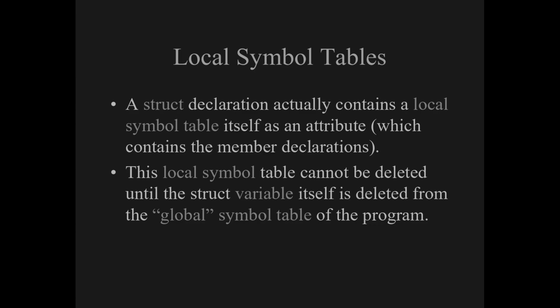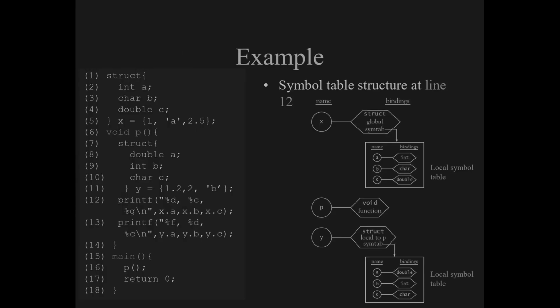Local symbol tables. A struct declaration actually contains a local symbol table itself as an attribute. This local symbol table cannot be deleted unless the struct variable itself is deleted from the global symbol table of the program. So here we go. Suppose that we declare the struct x, which has an integer, a character, and a double, and the integer is equal to 1, the character is equal to a, and the double is equal to 2.5, right?